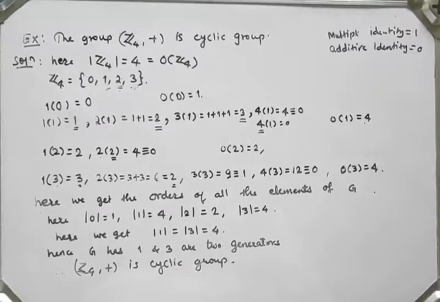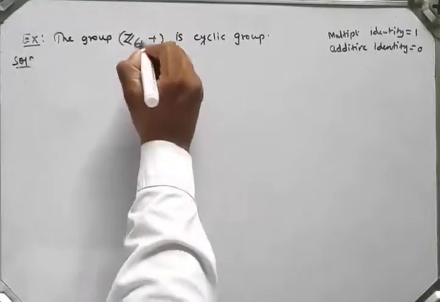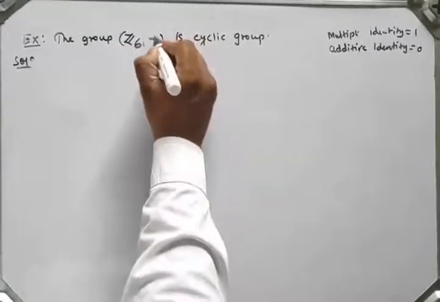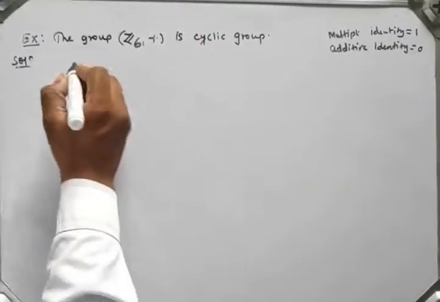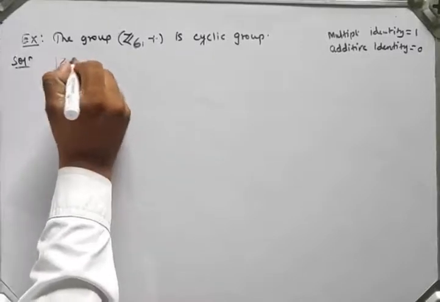Let's see another example, Z6 under addition modulo 6. Z6 under addition modulo 6 is a cyclic group, right? So here the order of Z6 should be what?